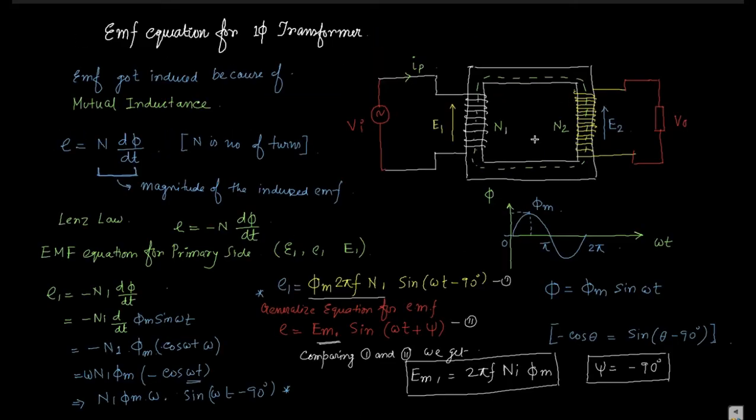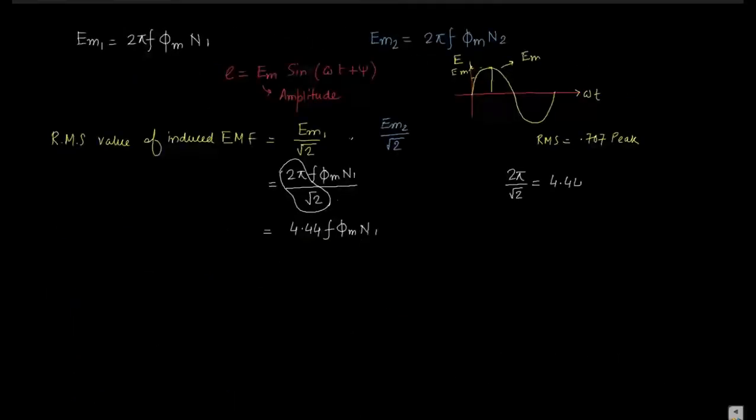As this is a transformer, Em1, the maximum magnitude, becomes 2 pi f N1 phi m, but the RMS value becomes 4.44 f phi m N1. Accordingly, the EMF value of the secondary side becomes 4.44 f phi m N2.